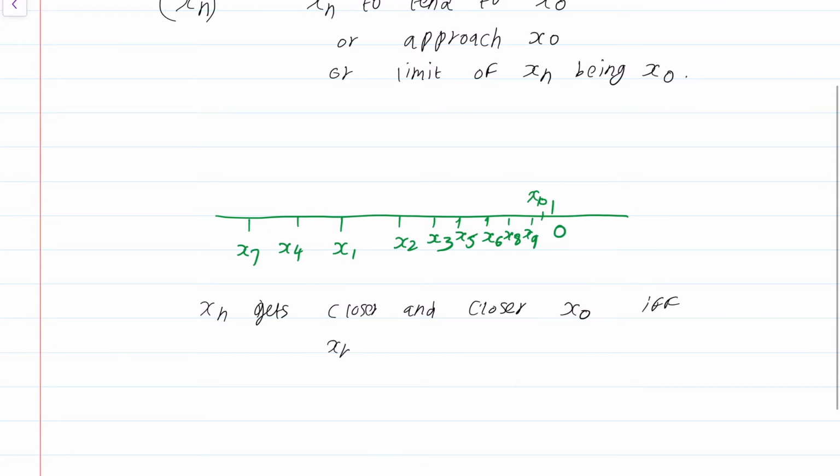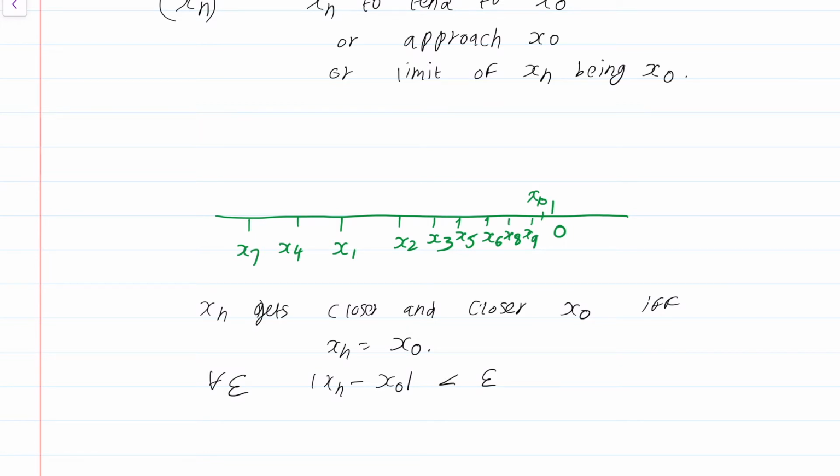If you do a crude analysis of what we are doing here, because what we are essentially saying is that mod xn minus x naught is less than epsilon for all epsilon, and we have proved a proposition that says that in this scenario xn is actually equal to x naught.